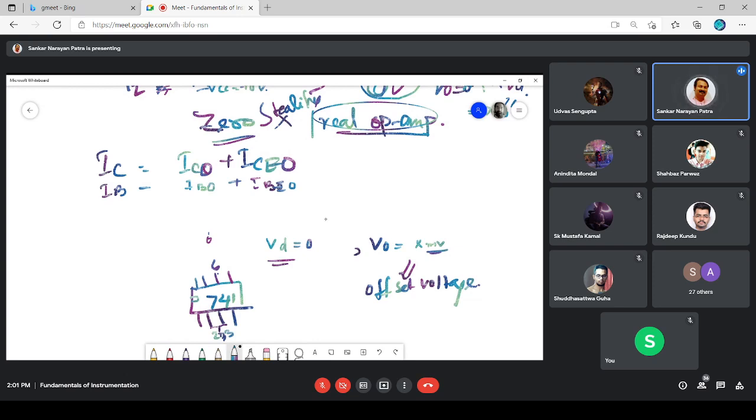Now why? You will find there is some kind of offset. We have to connect terminal 5 and terminal 1. It's called offset nullifying terminal.